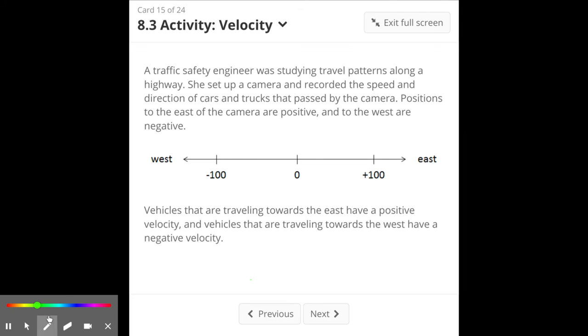And we're kind of going to have this assumption that we just start at 0. Vehicles that are traveling towards the east have a positive. So you'll notice this positive right here. East is going to be positive, that's to the right. And left is going to be negative to the west. And that's how we're going to determine which direction they're going.